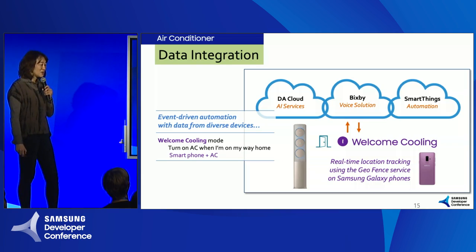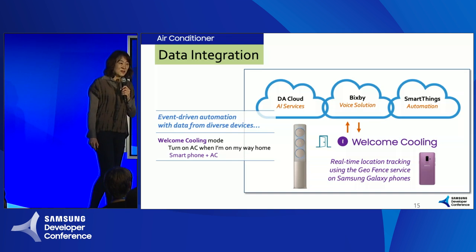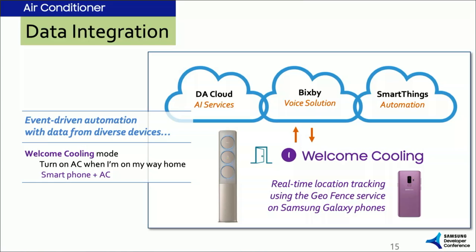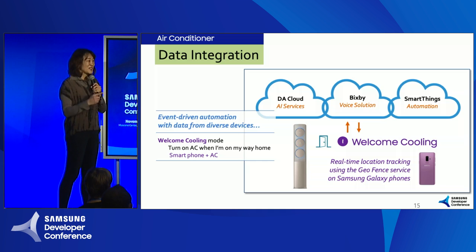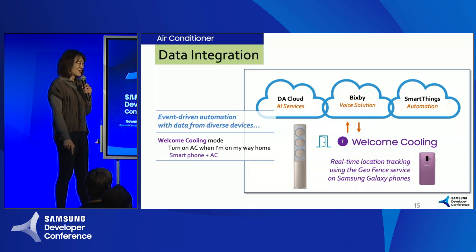So what we are doing in order to realize that vision is something that we call welcome cooling. From somebody who only has the air conditioner, I have no idea where the user is, right? But we are in good luck because all the things are connected through SmartThings.